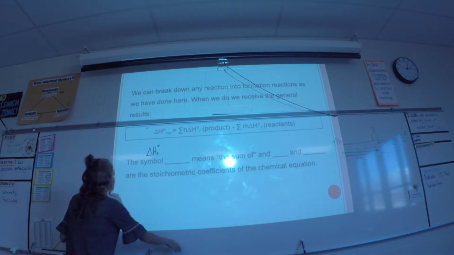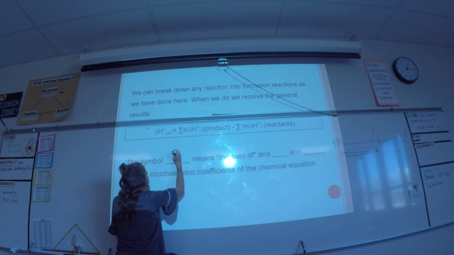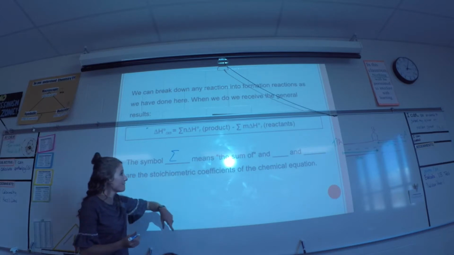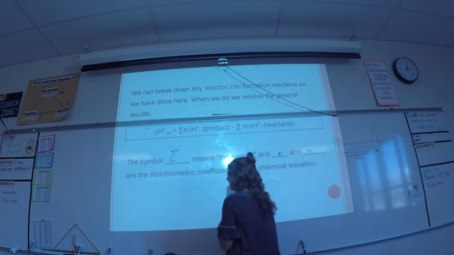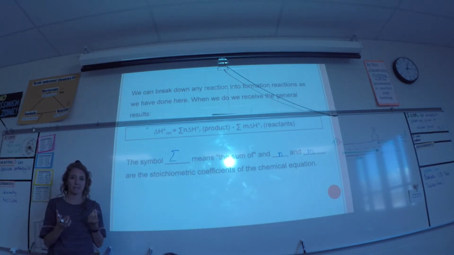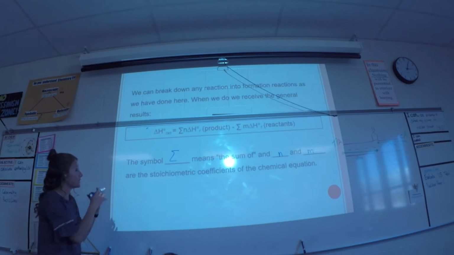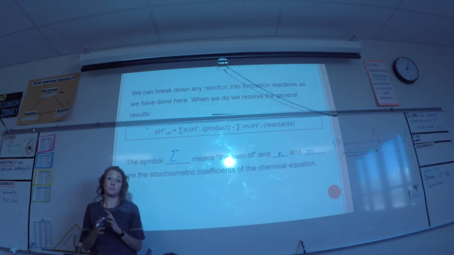What this equation means is, the symbol right here is called sigma. It's a Greek symbol, and it means the sum of, and then n and m are the stoichiometric coefficients of a chemical equation. Okay? So this equation is a third way that we can find the enthalpy for a reaction.